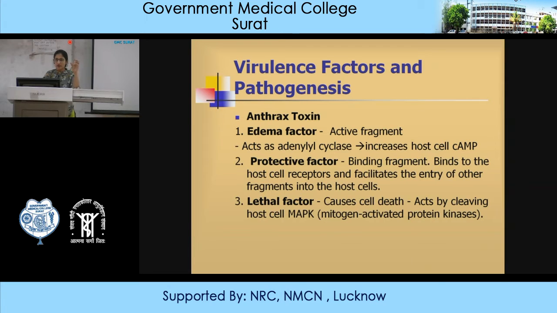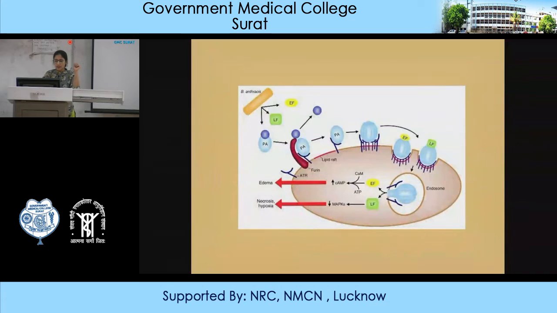So the affected cell becomes necrosed and then dies. It acts by cleaving the host cell mitogen activated protein kinases. So how do these three factors present in the toxin act simultaneously? Here the picture is given. You can see the three factors: edema factor, protective antigen factor, and lethal factor.